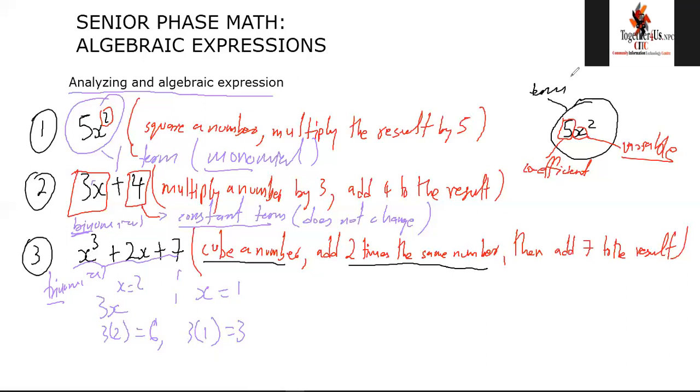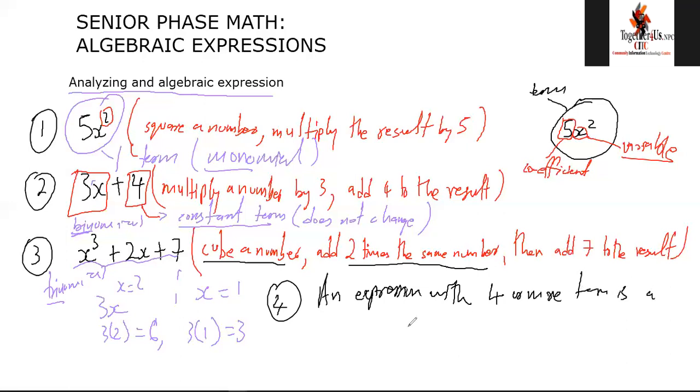In case you are wondering, what about an expression that has 4 terms or so? Let me just write here, an expression with 4 or more terms is a polynomial.